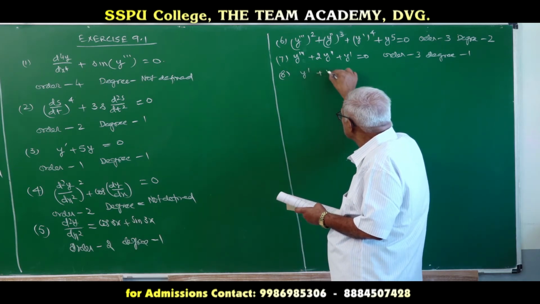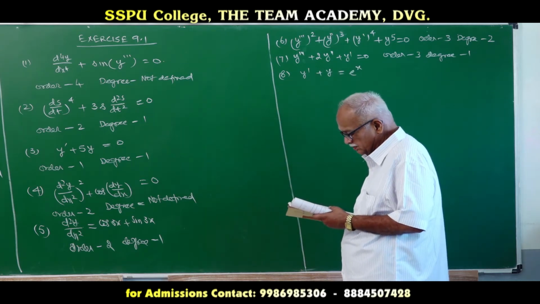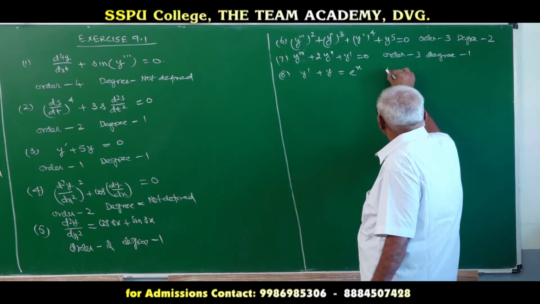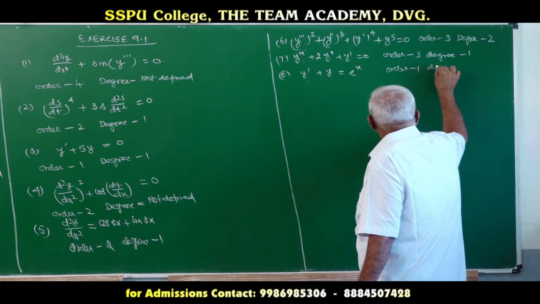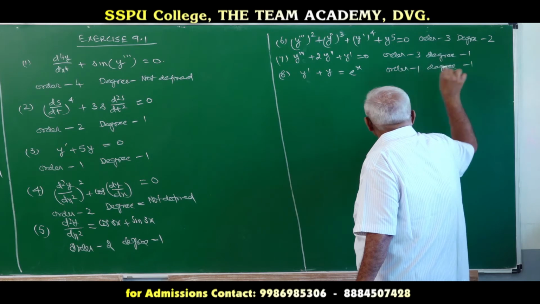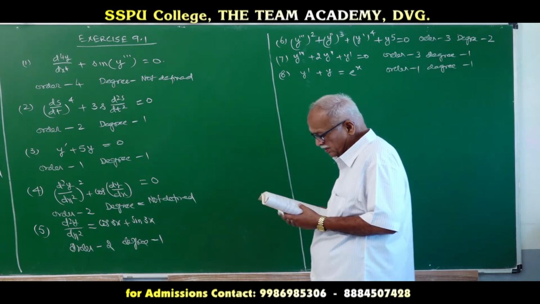Next, y dash plus y is equal to e power x. Here order is the first order and degree of the first order is also 1. So highest order is first order there.